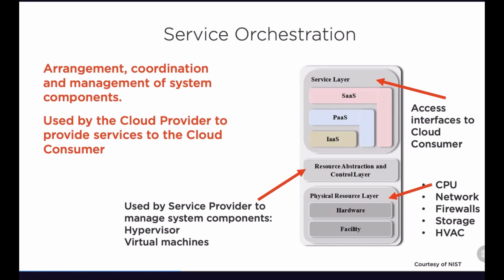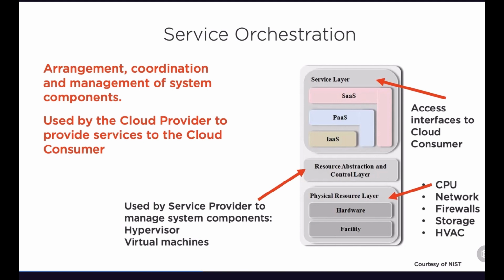They don't need to know the operating system because there's a level of abstraction there that really insulates and isolates the user, the cloud consumer, from the cloud service provider.